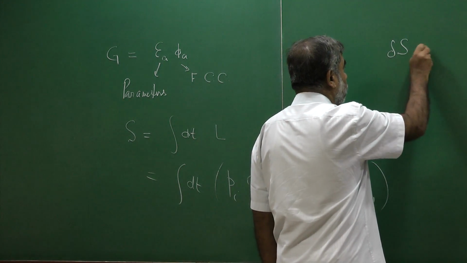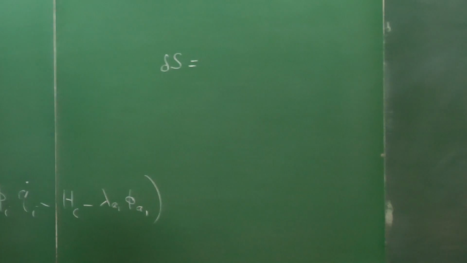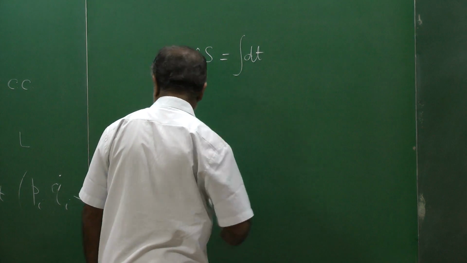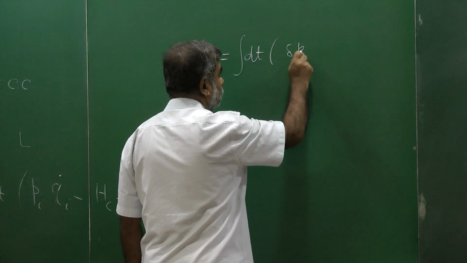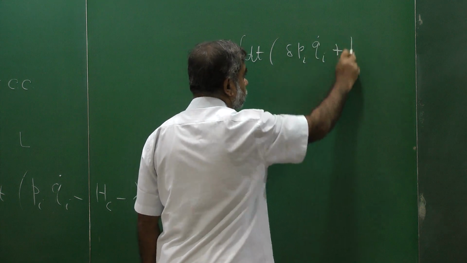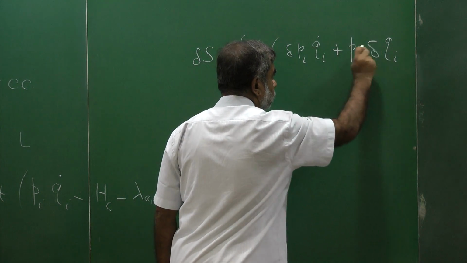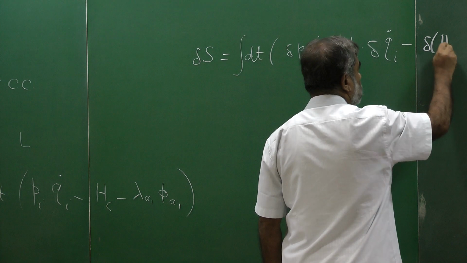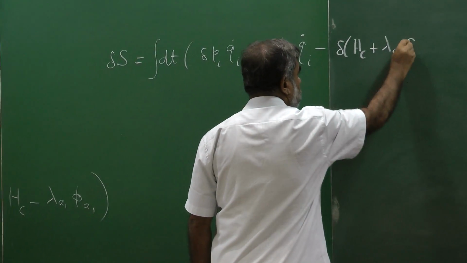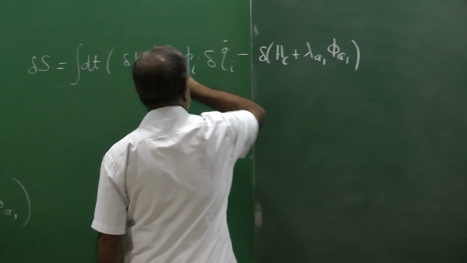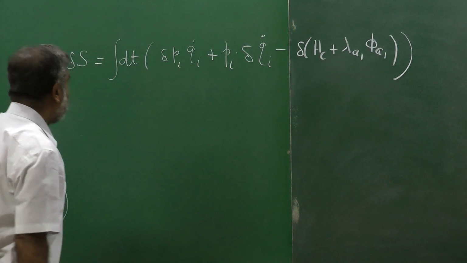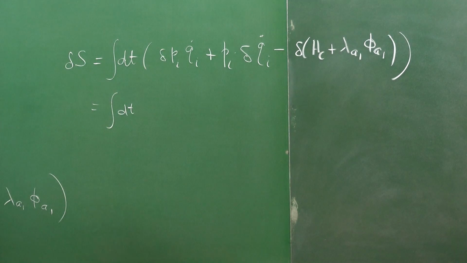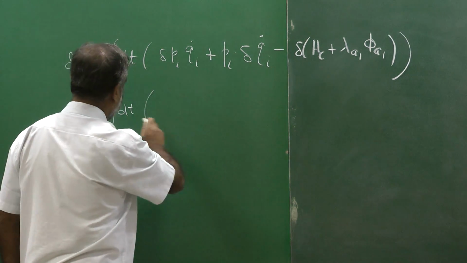So let me consider an infinitesimal variation of this. And then you can write this as this. Then this algebra is simple, but it's also slightly tricky, so you have to be a bit careful.